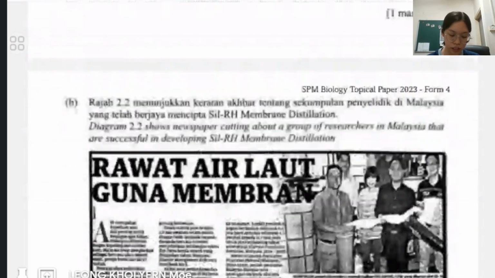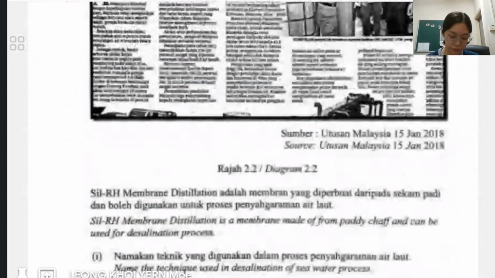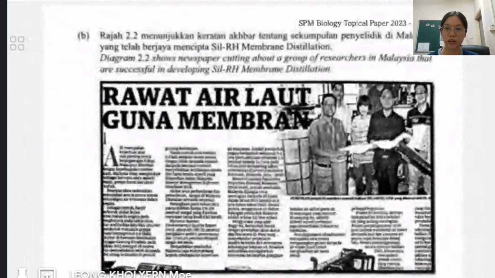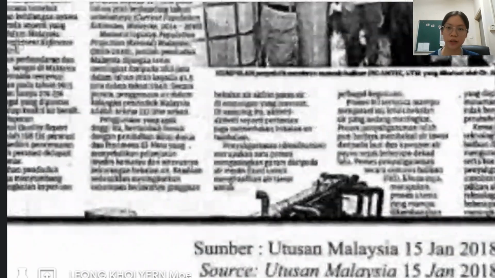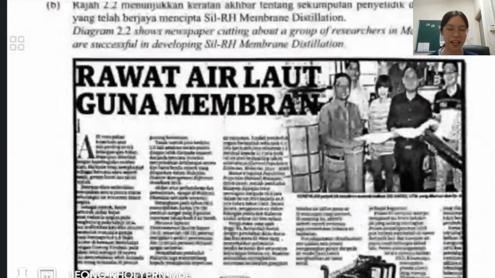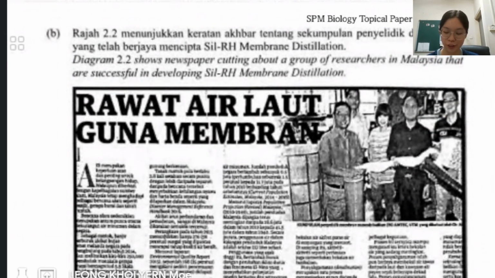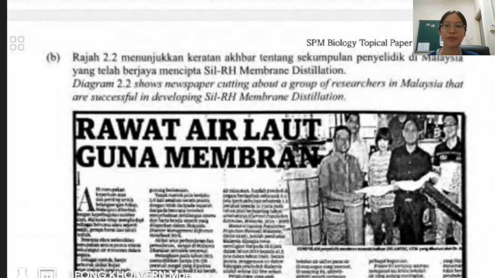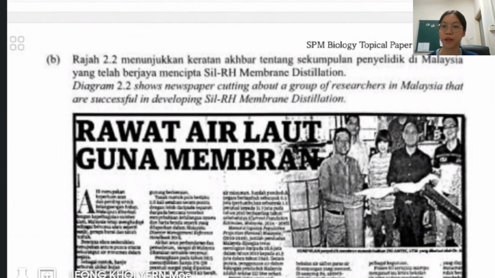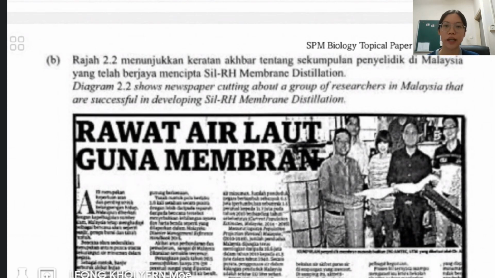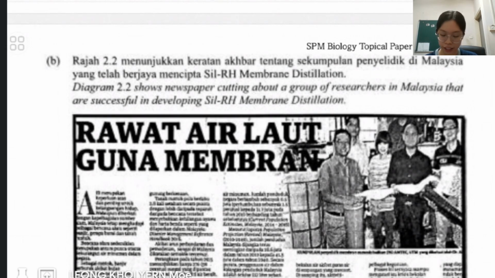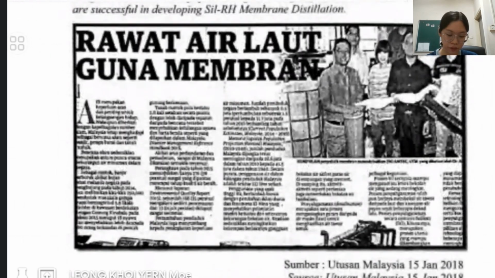Now let's take a look at this question. It's a very long newspaper article, but don't worry if you can't see what's inside. They don't expect you to read it one by one. You will be wasting your time. It basically shows a newspaper talking about a group of researchers that successfully developed a membrane distillation.